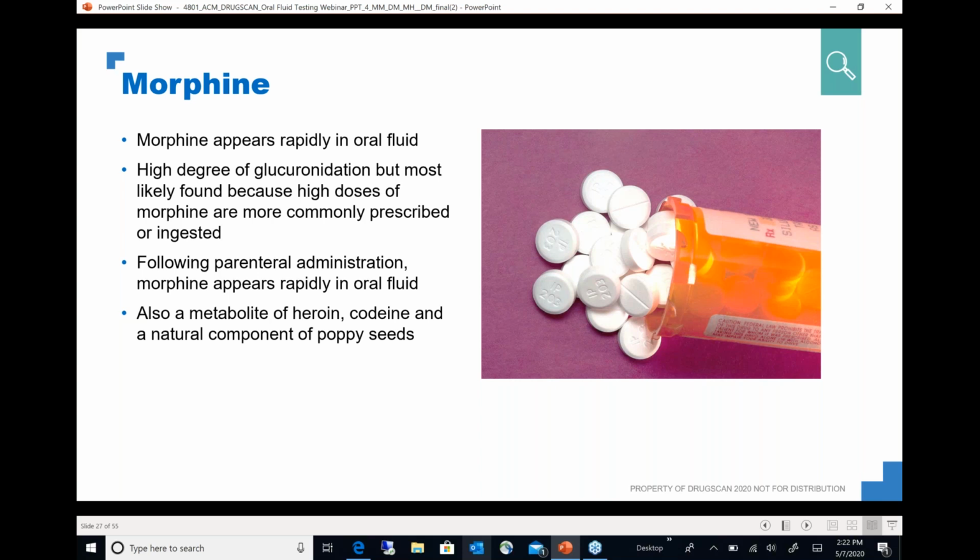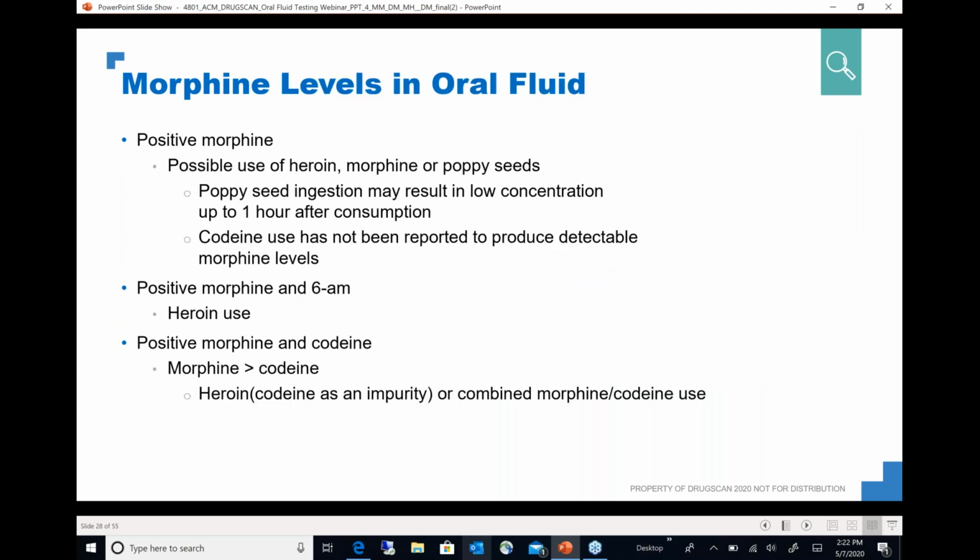Following parenteral administration, morphine will also appear very rapidly in oral fluid. Morphine may also be a metabolite of heroin, codeine, and a natural component of poppy seeds. Morphine levels in oral fluid. Positive morphine, and you're saying to yourself right now, boy, she's repeating herself.